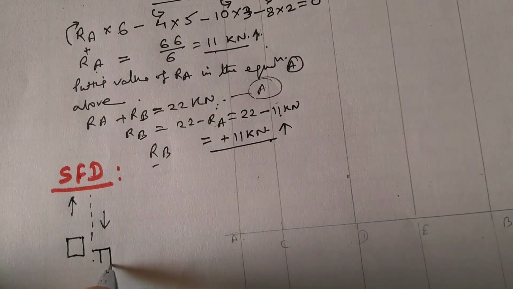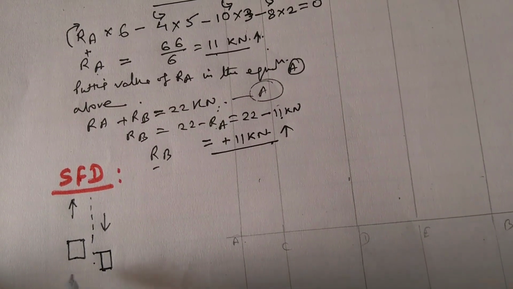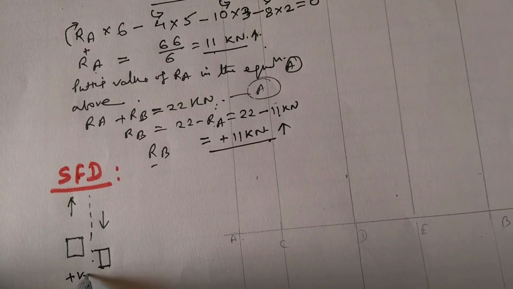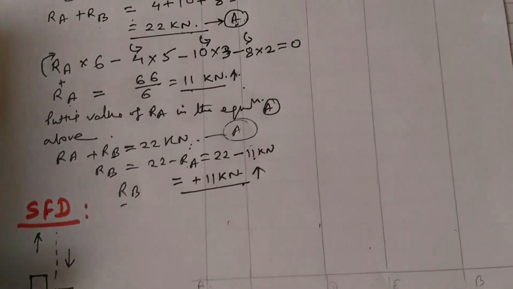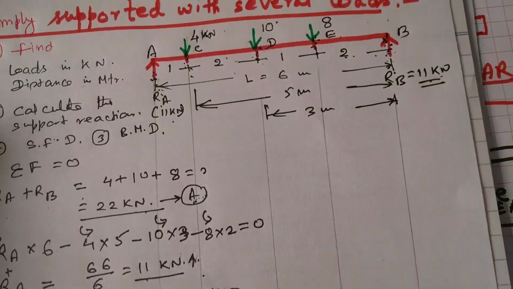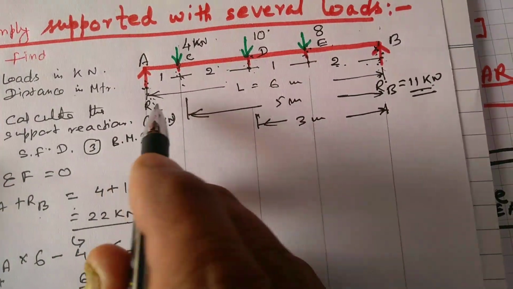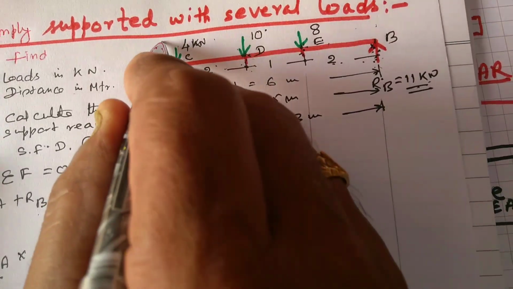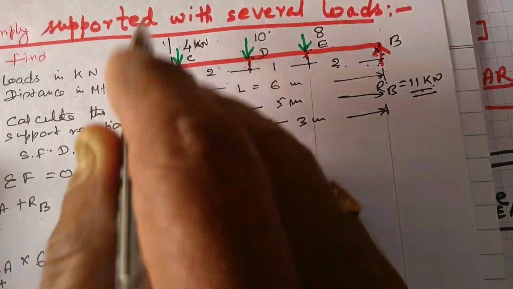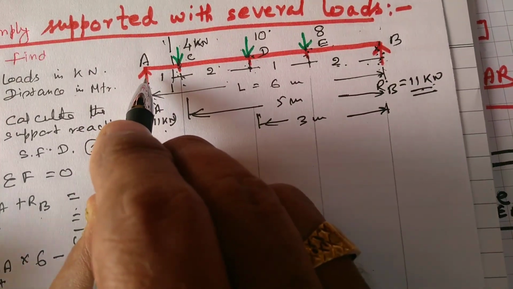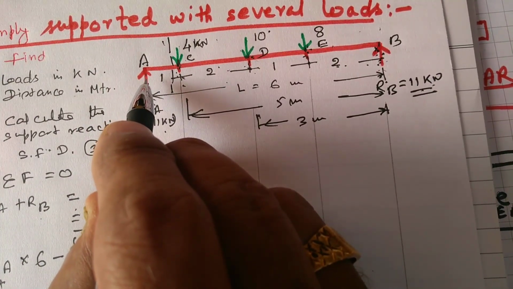Then this will automatically come down, and this will create positive SF. I am starting from this point. If you take this section, then your left hand section is going up, so positive shear is developed here.